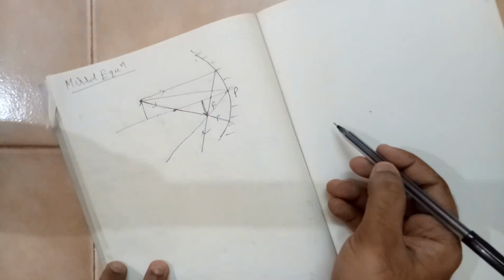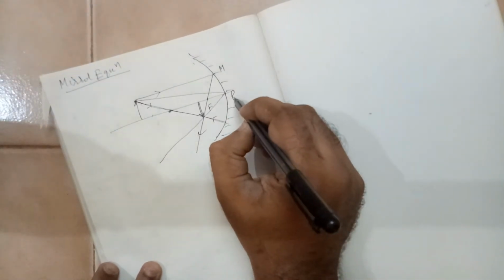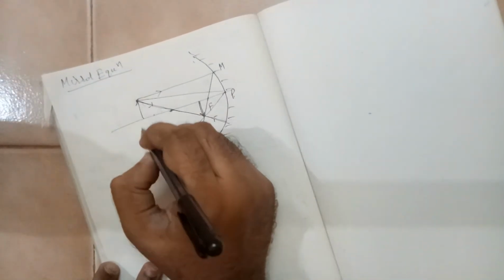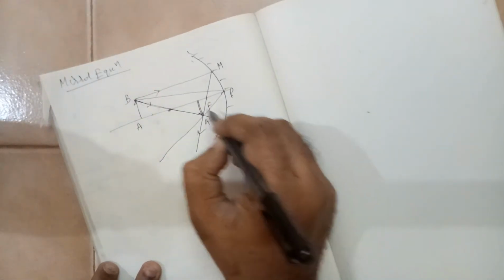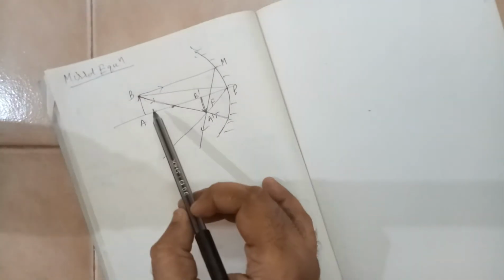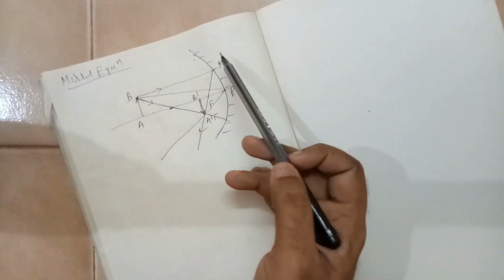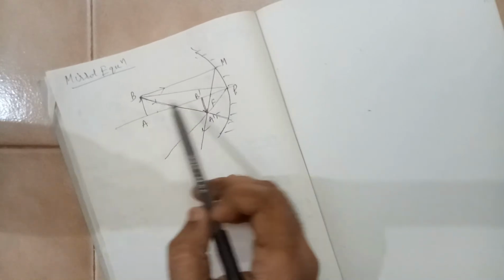So this is the object. Let us say this point is M. This is the pole. This is the focus. Object is AB. Image is A dash, B dash. You can see here that it's a converging mirror, and image is inverted.